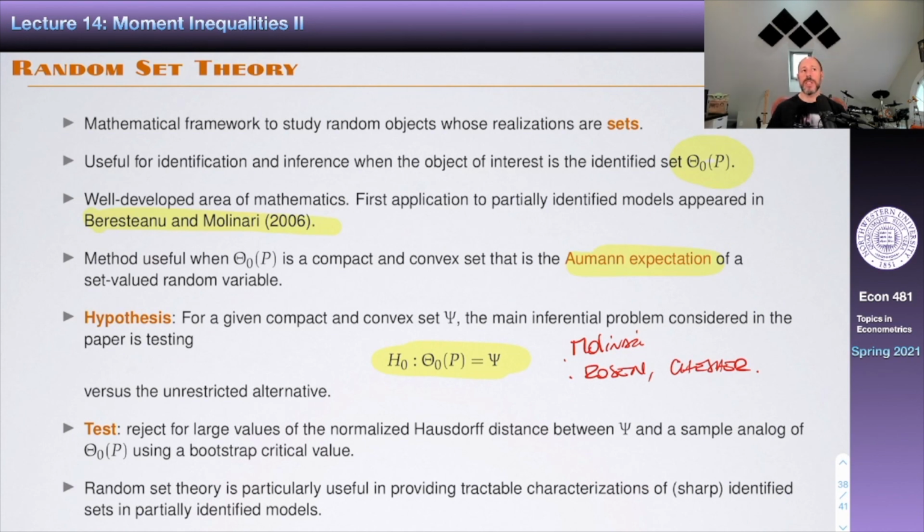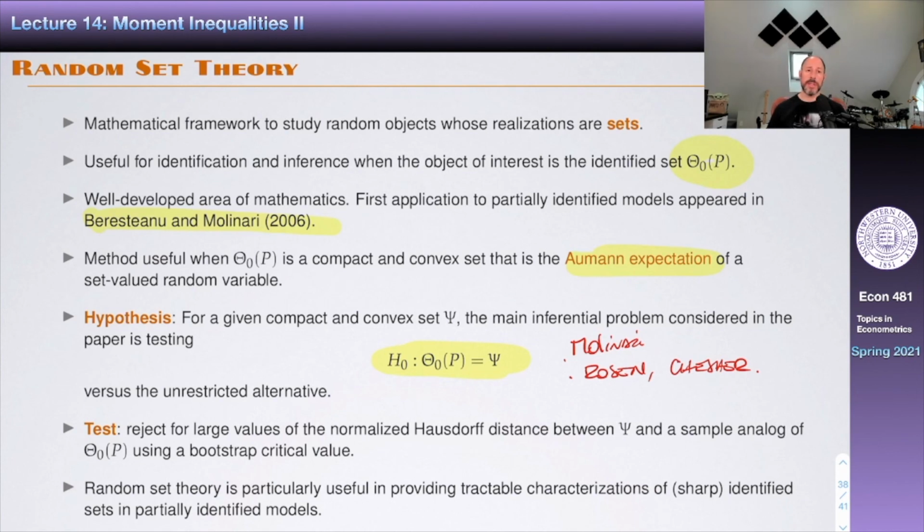As a student, it's tricky because you really have to invest into learning random set theory, and it's not something that you're going to learn in other areas. If you talk to the supporters, so talk to Francesca Molinari or Adam Rosen or Andrew Chesher, they're going to tell you that you can analyze problems that you couldn't analyze with other methods, and so this provides advantages.